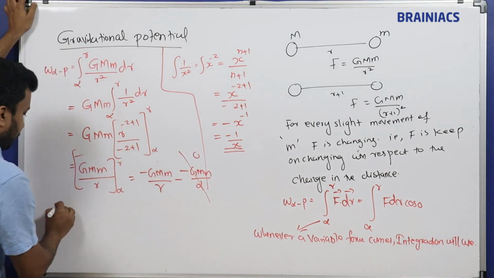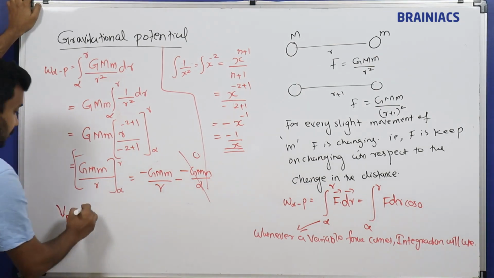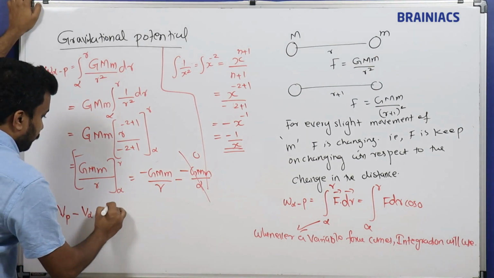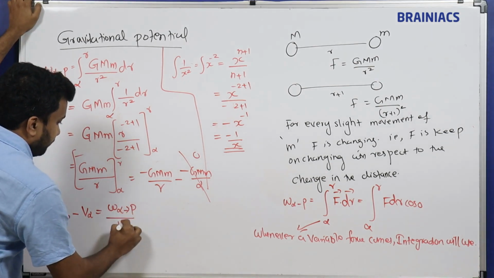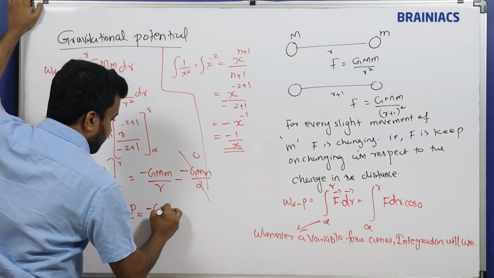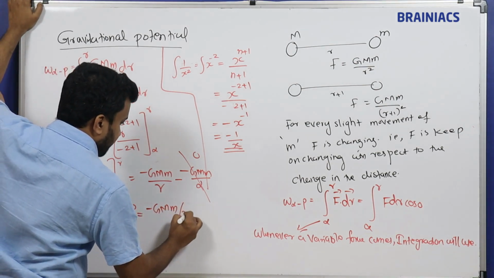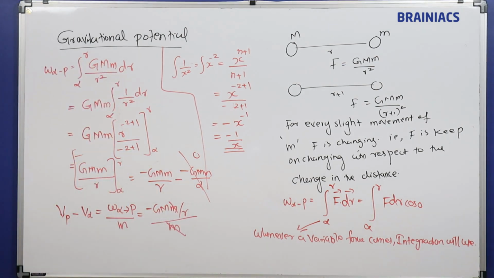So the potential at P minus potential at infinity is equal to work done from infinity to P divided by the mass m. So if you divide by m, what you will get? Minus GMm divided by r, all divided by m. Small m will get cancelled. So what we will get?